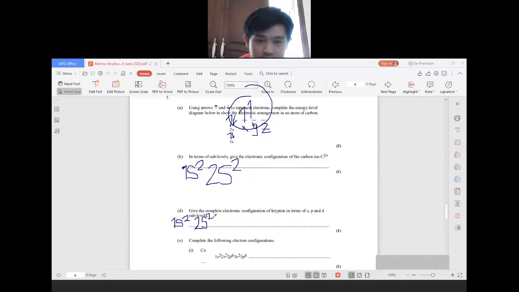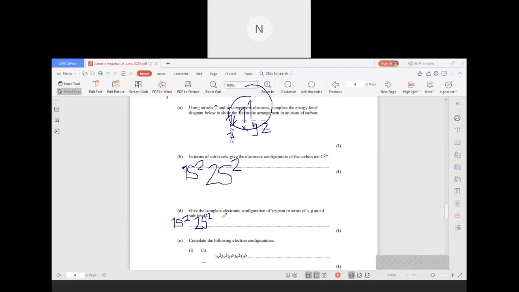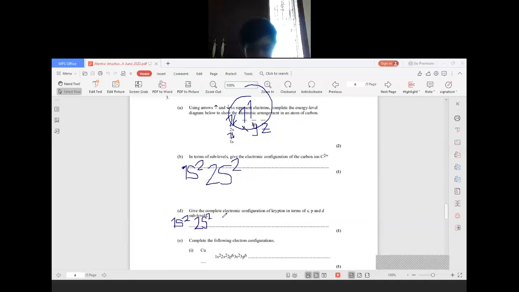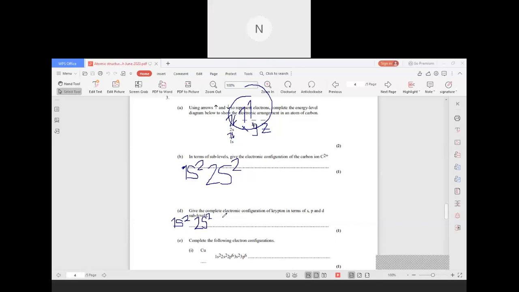After that, 5s2. After 5s2, no, it is not until 5s2. Remember, the number of electrons is only 36.